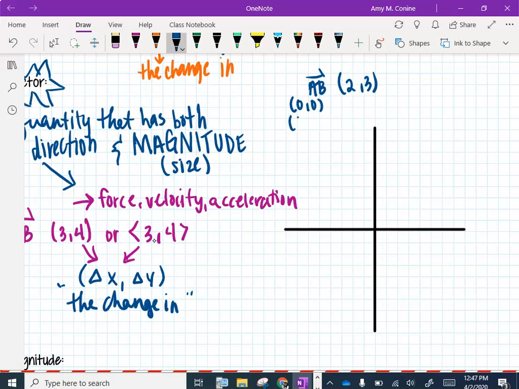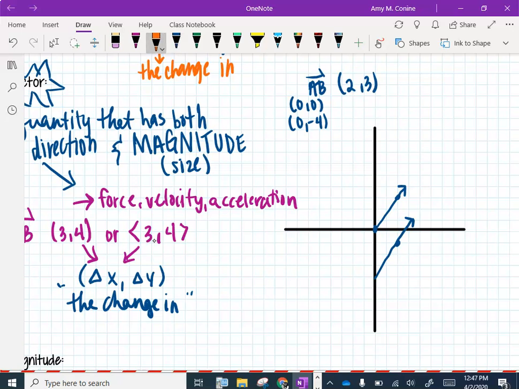I'm also going to plot if I started at 0, -4. So if I start at 0, 0, I'm going to go over 2 and up 3. And I would draw a ray that goes through the point 2, 3 with the arrow going through it. I can start at really anywhere, as long as you're plotting your points correctly.